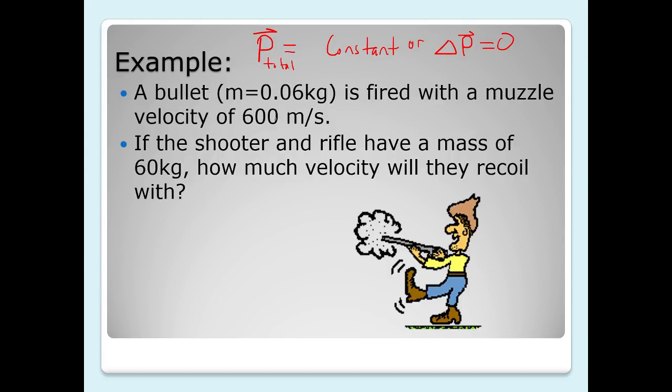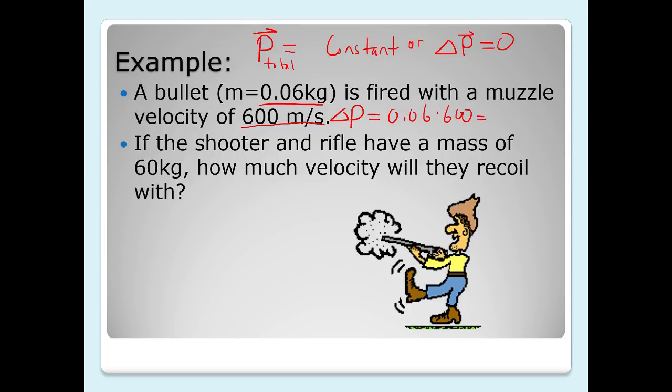So let's look at this. The bullet, when it fires and leaves with a velocity, its momentum goes from zero to the product of these numbers. So its change in momentum is going to be 0.06 times 600 in some direction.